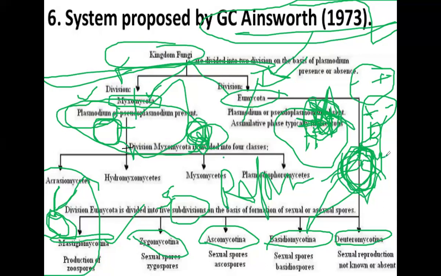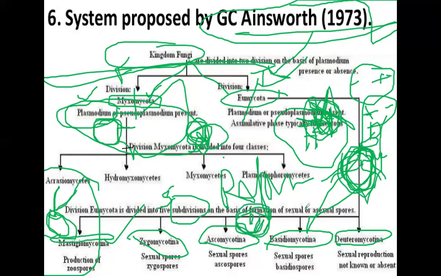Which fungi form the zygospore? We call them zygomycotinous fungi. And which group of fungi has the ascus, the ascus fruiting body, and releases ascospores? All of that comes under Ascomycotina.